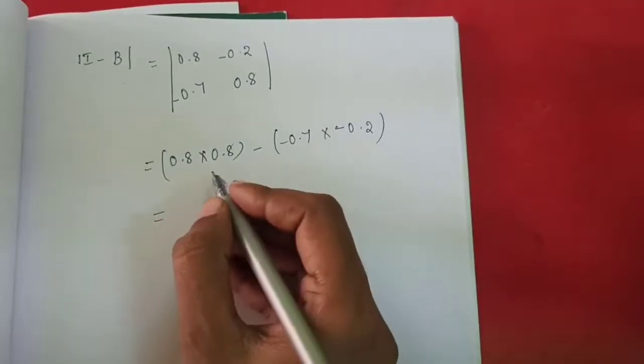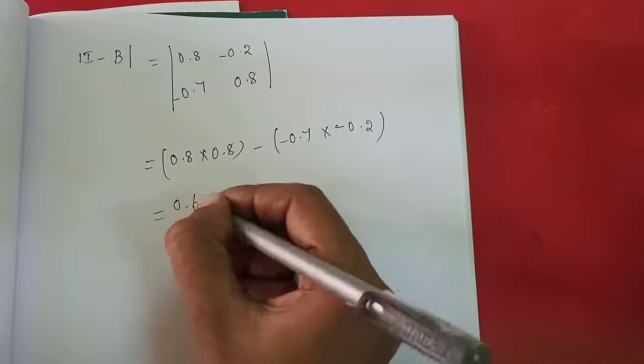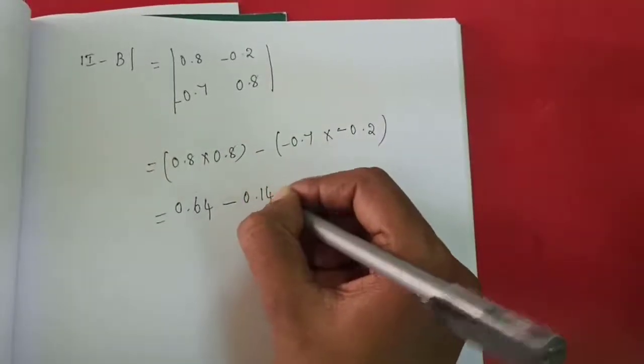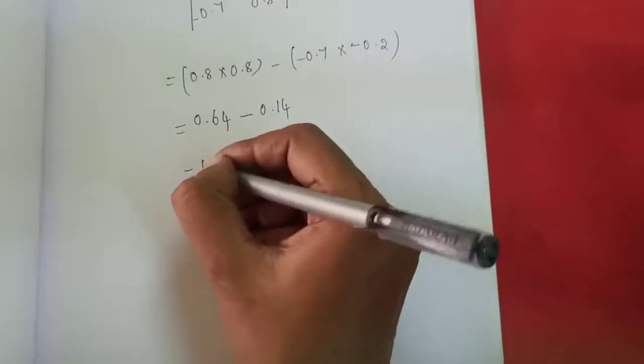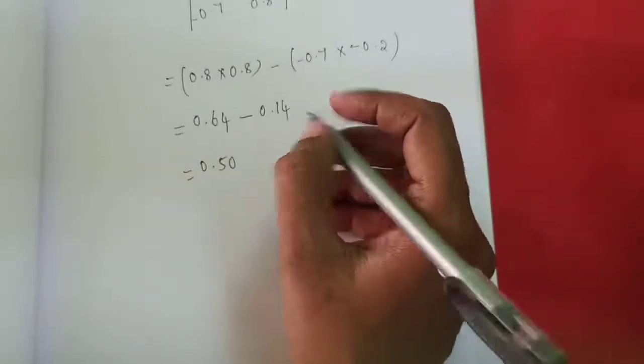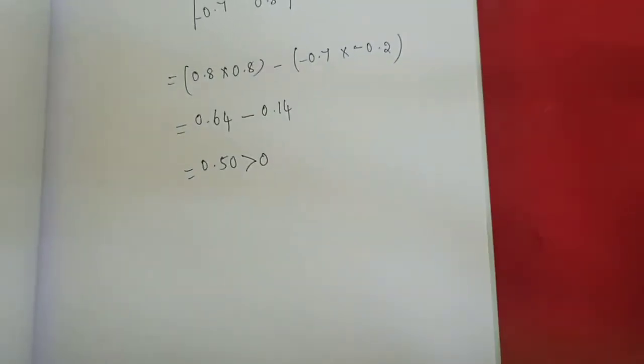That's equal to 0.8 into 0.8 means 64 you will get. So 0.64, minus into minus, it will change as plus. So 0.14. So if we subtract, whether it is less than 0 or greater than 0, greater than 0. Yes, it's positive.